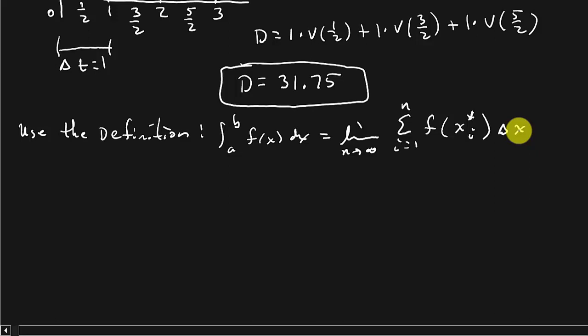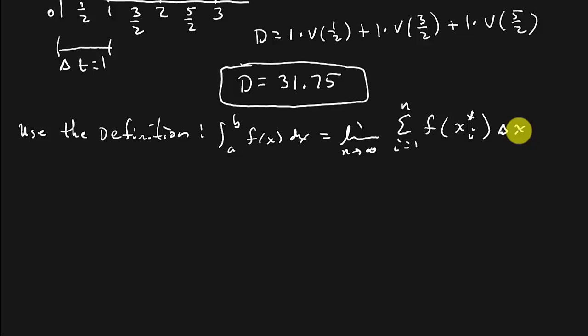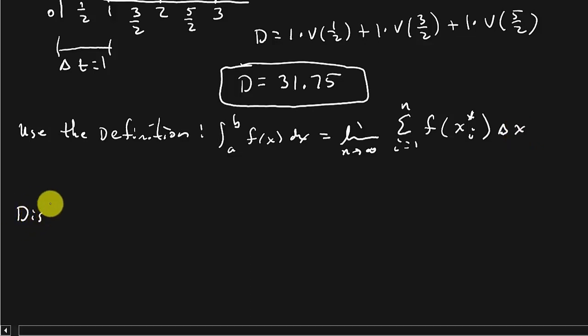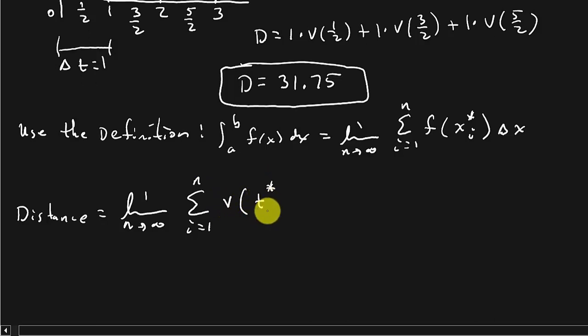All right, so let's see what we've got here. So we have the distance is equal to the limit as n goes to infinity of the sum of i equals 1 to n of v of t star sub i times delta t. There's our actual distance right there.